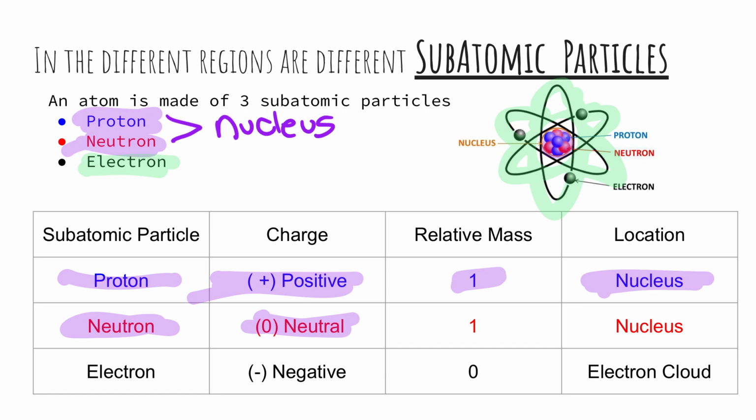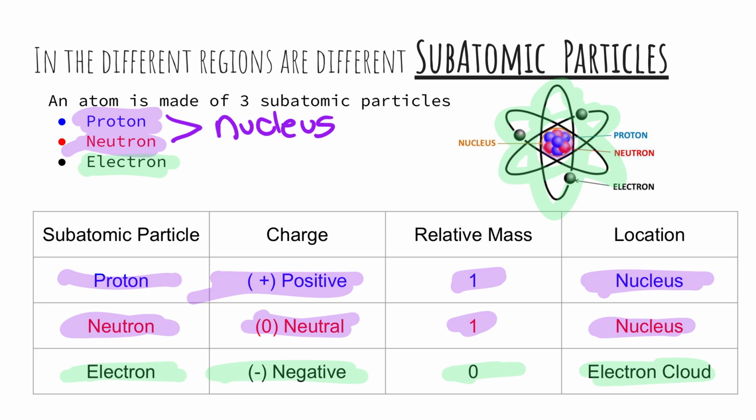They have no charge, but they do have a mass. So their relative mass is 1 and it's located in the nucleus. Electrons are negative. I don't really have a good way of remembering that. Its relative mass is 0. It's located in the electron cloud.